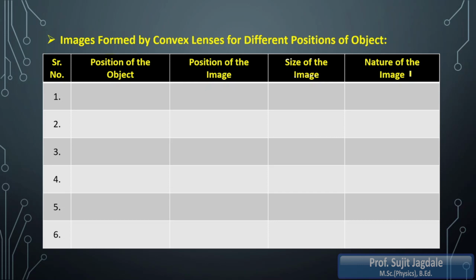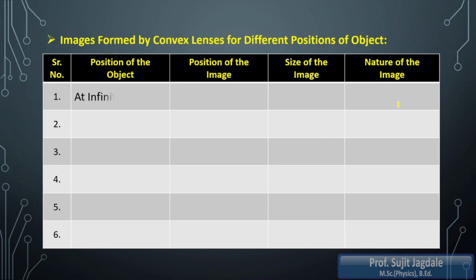For the convex lens, 6 total cases are there, and we are considering the 6 cases because the convex lens is a converging lens, and in reflection the concave mirror is converging, so that's why we are considering different conditions for that. Just remember, in general for converging we are getting maximum probabilities to obtain the images, the size of the image or the nature of the image.